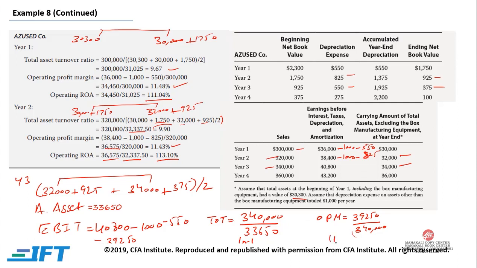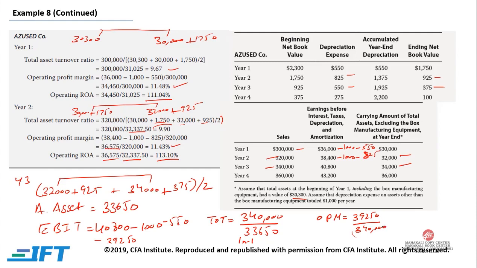That is 11.54%. In the end, operating return on asset would be EBIT 39,250 divided by average asset, that is 33,650. So 39,250 divided by 33,650 multiplied by 100 gives you 116.64%. So this is your operating return on asset.